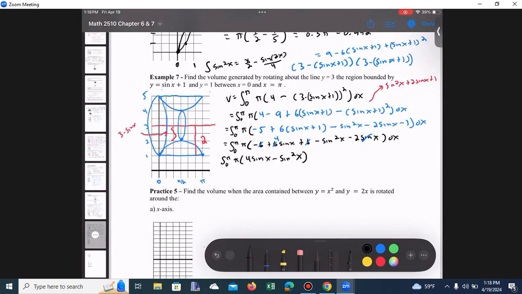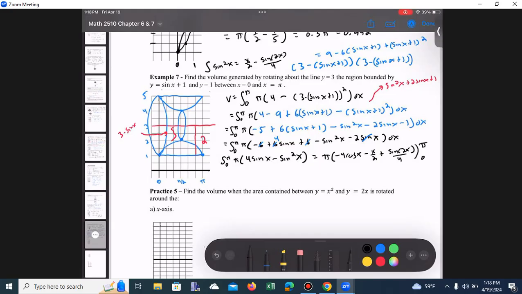So we'll end up getting pi times negative 4 cosine x minus x over 2 plus sine of 2x over 4, integrated from 0 to pi.